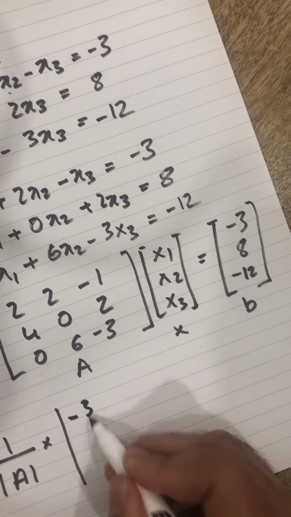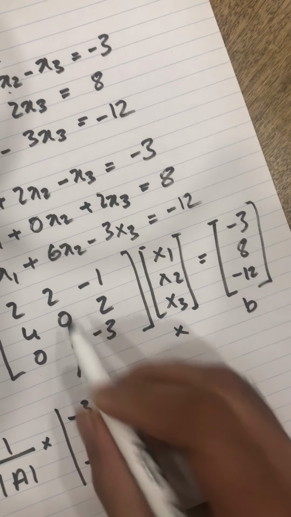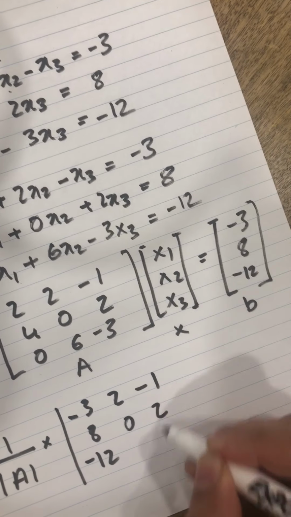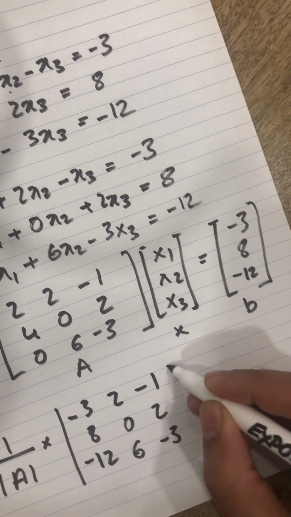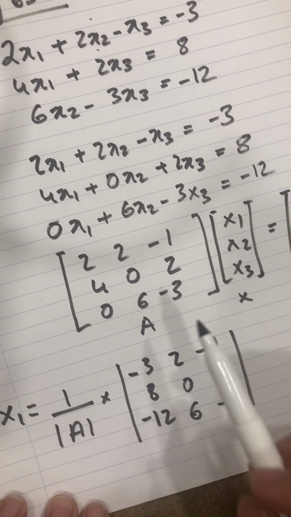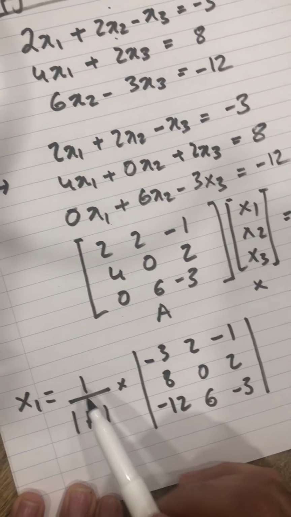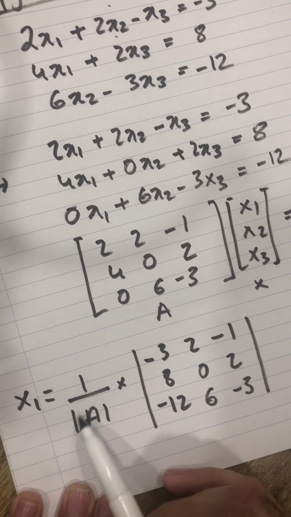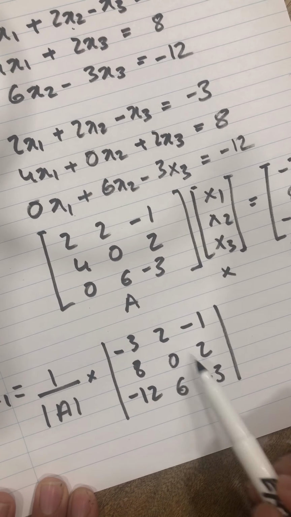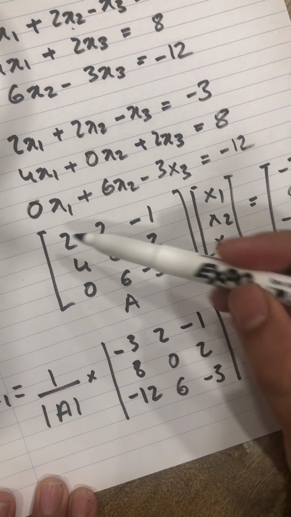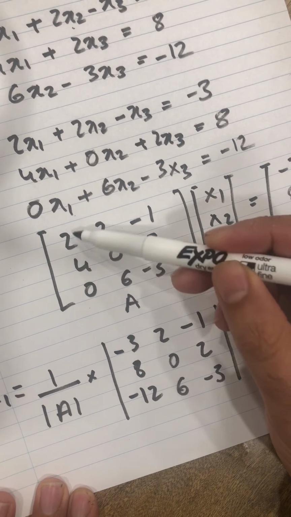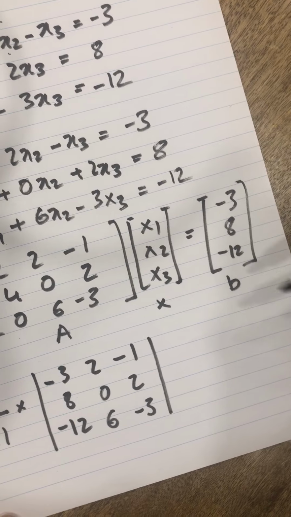So it's going to be minus 3, 8, minus 12, and then the next 2 columns will stay the same. 2, minus 1, 0, 2, 6, minus 3. Okay, so Cramer's rule says you can find a solution for x1 by finding 1 divided by the determinant of A, which is the matrix here, into this special matrix where you took the matrix A, but because we're solving for x1, we're replacing the first column with the results here, right?